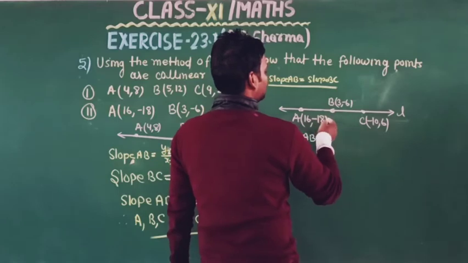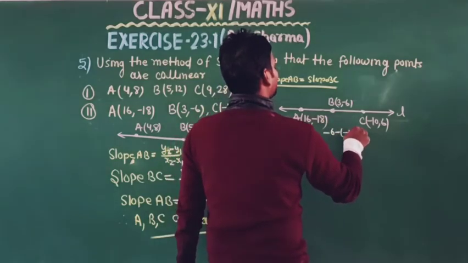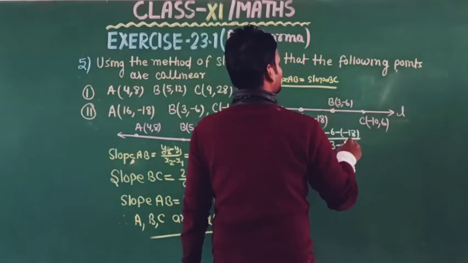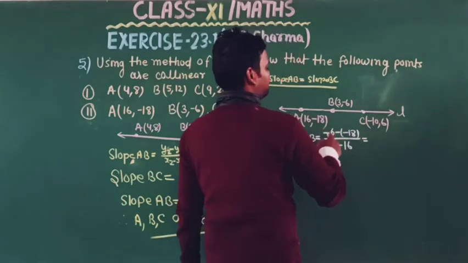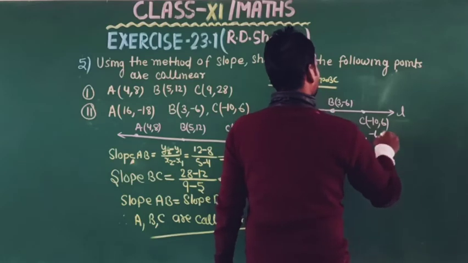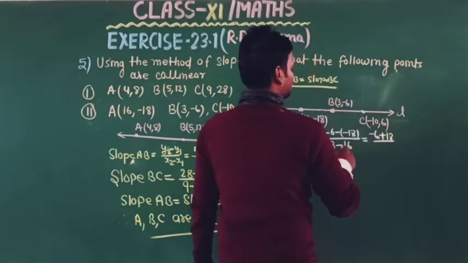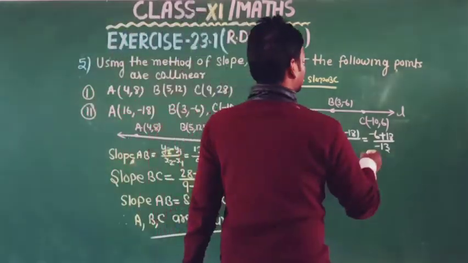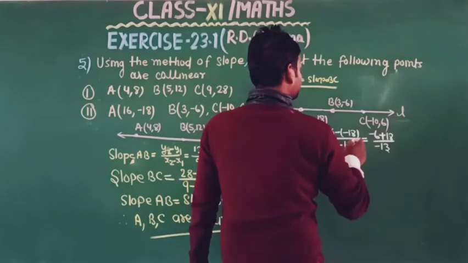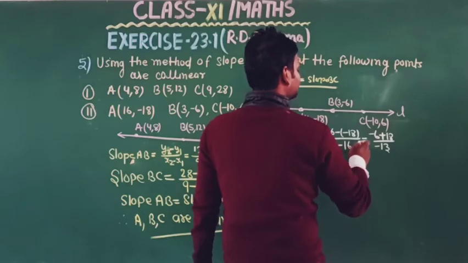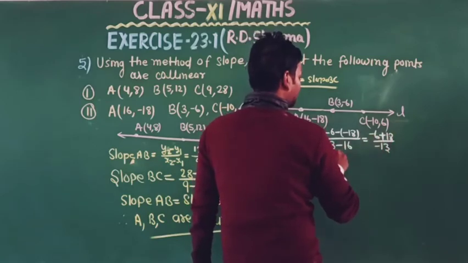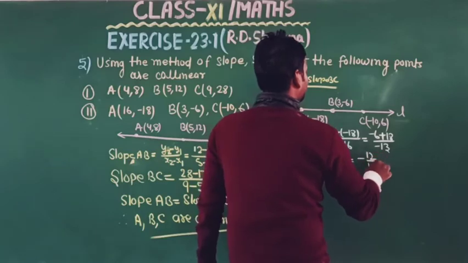So y2 is minus 6, y1 is minus 18, so this is minus 6 plus 18 upon x2 minus x1, where x2 is 3 and x1 is 16, so 3 minus 16, which is minus 13. Simplifying, minus 6 plus 18 is 12, so 12 by minus 13 equals minus 12 by 13.